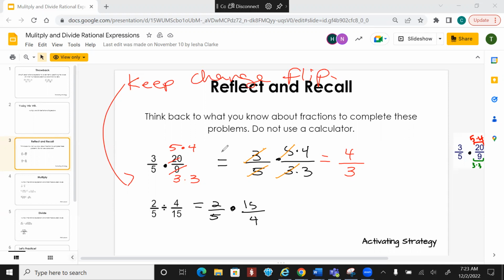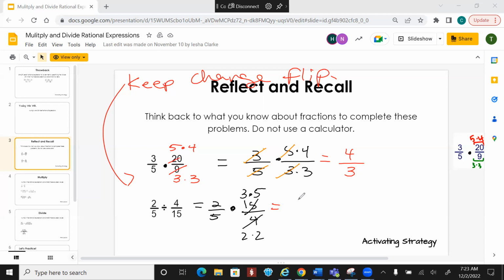So now we're going to repeat the same process that we did on the first one. We're going to factor this out and see if we can cancel anything. What are factors of 15? 3 and 5, right? What are factors of 4? 2 and 2. So I'm going to rewrite this.